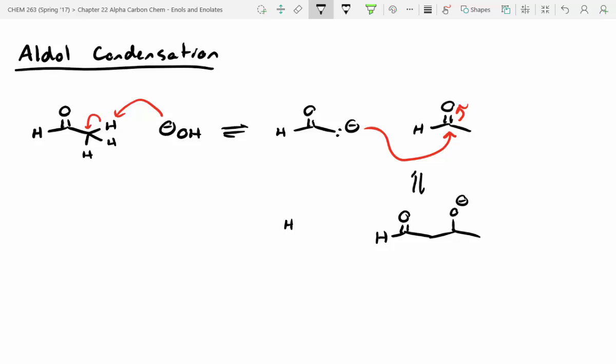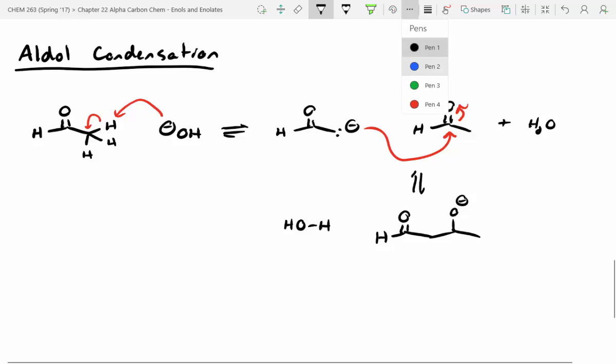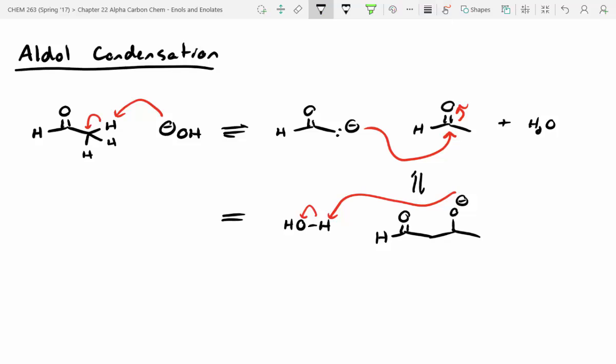And then we've got water around. That was our conjugate acid, so this can take a proton back from water and give us our beta hydroxyaldehyde. And then you regenerate your base in this step.